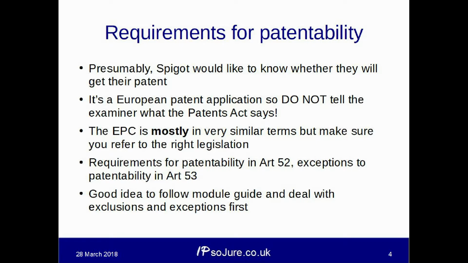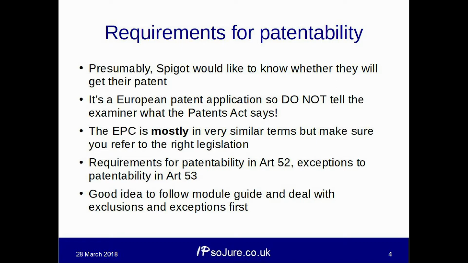The requirements for patentability are in Article 52, and the exceptions to patentability are in Article 53. Unlike the Patents Act, you don't open it and start reading at Section 1. When it comes to answering questions which involve validity or patentability, I think there's a lot to be said for the way that the University of London Module Guide approaches it, which is to deal with exclusions from patentability and exceptions to patentability.